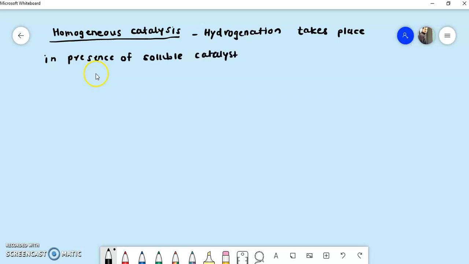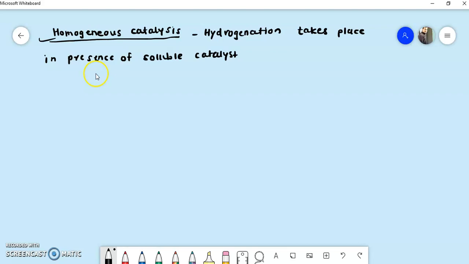Now due to this, the phases of alkene and catalyst become same. As you know, alkenes are suppose in liquid state, then this catalyst, if it dissolves in some solvent, then again the catalyst will also be in the liquid phase. So phases will be same, and so we can call it a homogeneous catalyst.